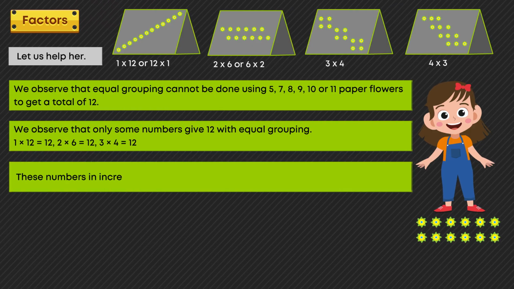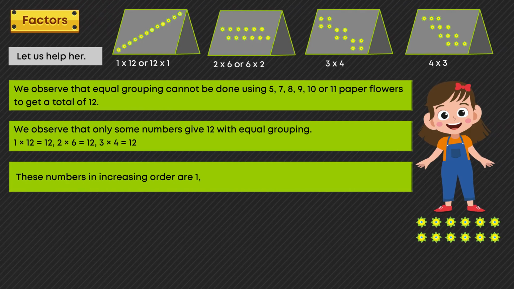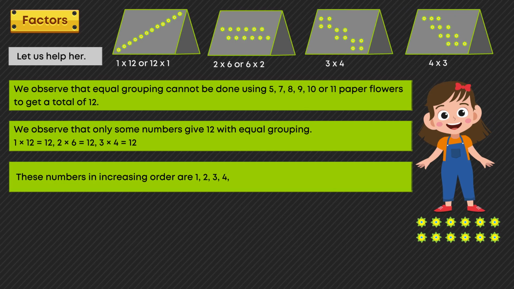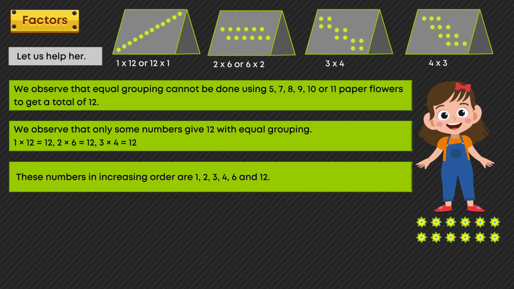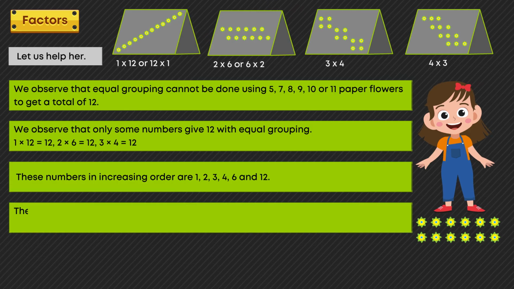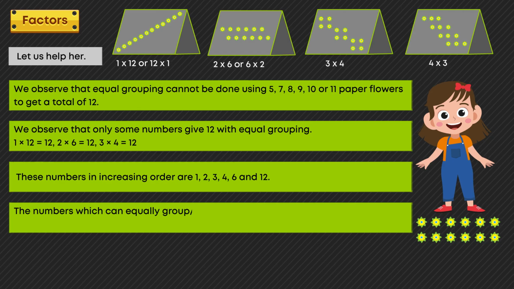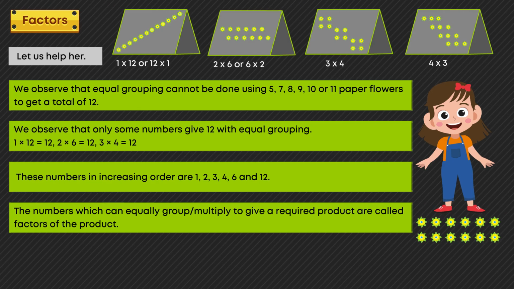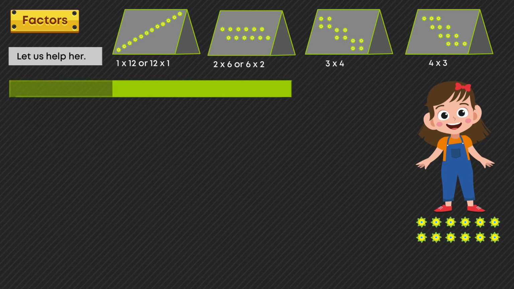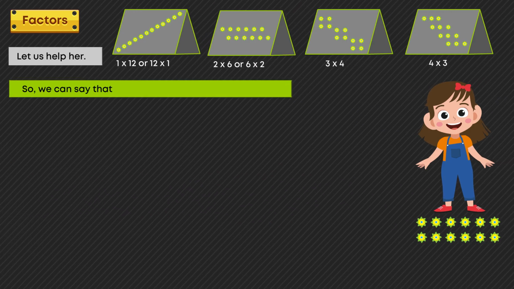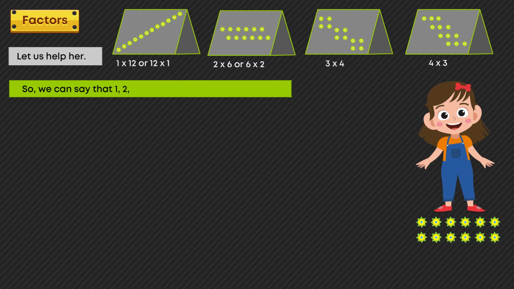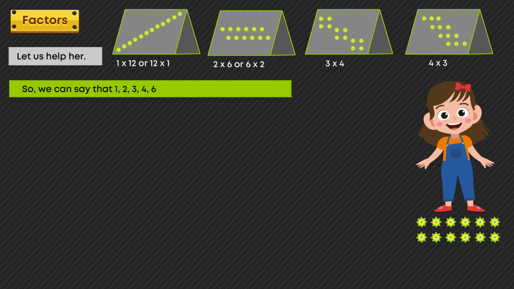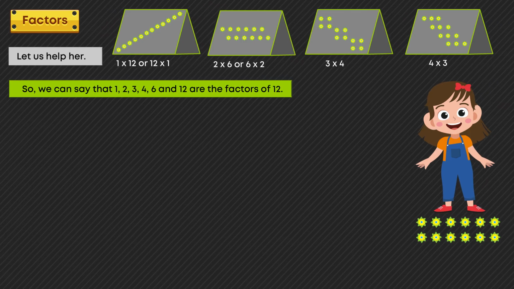These numbers in increasing order are 1, 2, 3, 4, 6, and 12. The numbers which can equally group multiply to give a required product are called factors of the product. So, we can say that 1, 2, 3, 4, 6, and 12 are the factors of 12.